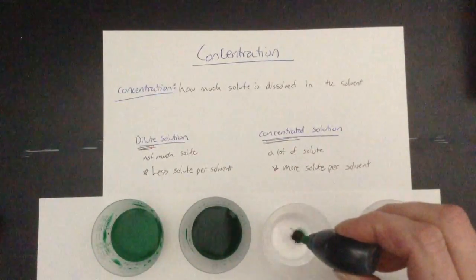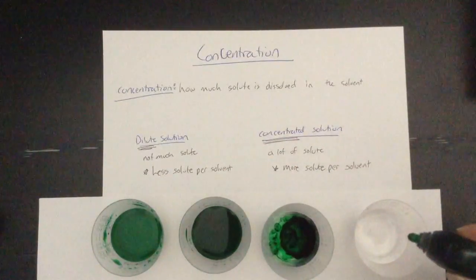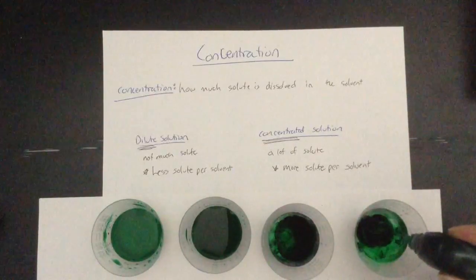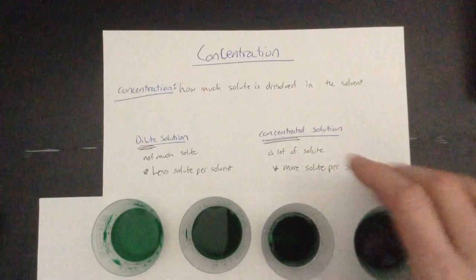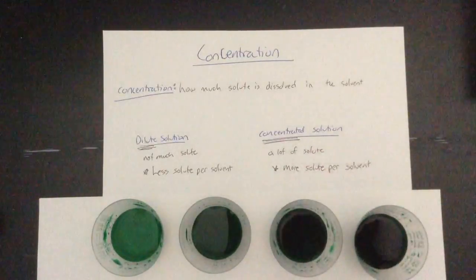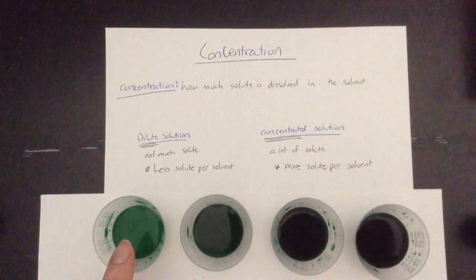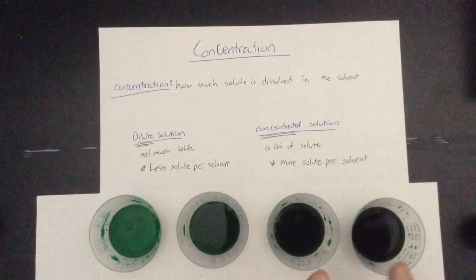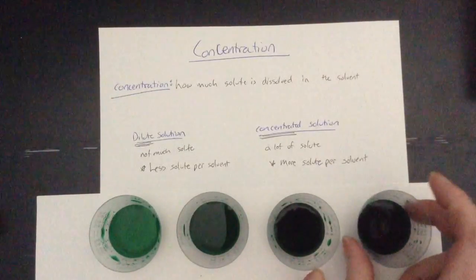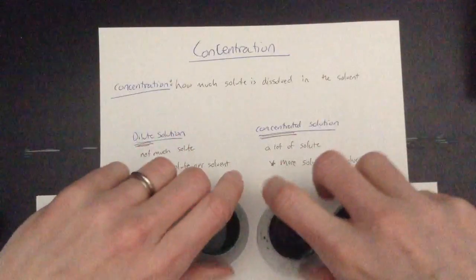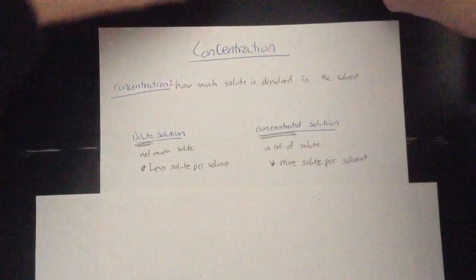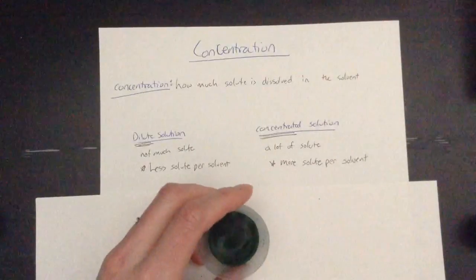And if I add 3 drops, 1, 2, 3, and then 4 drops to this one, 1, 2, 3, 4, there we go. You can see that it gets darker. So this is my dilute solution here. It's a little bit more concentrated, and then it is the most concentrated over here where I put 4 drops in that 10 milliliters.